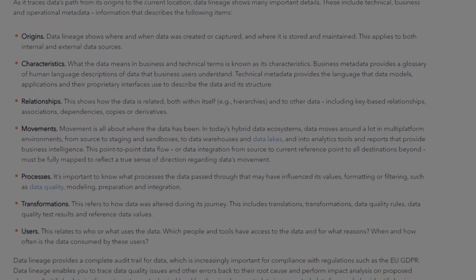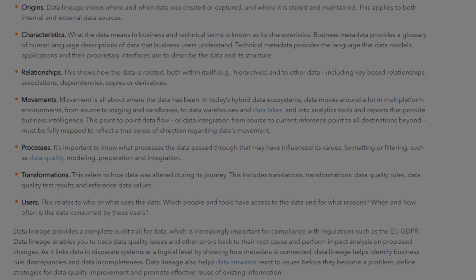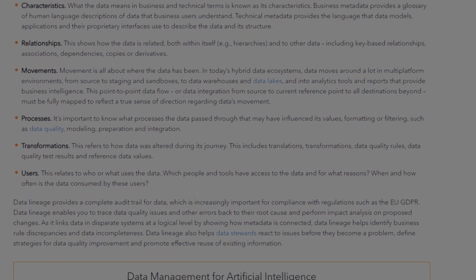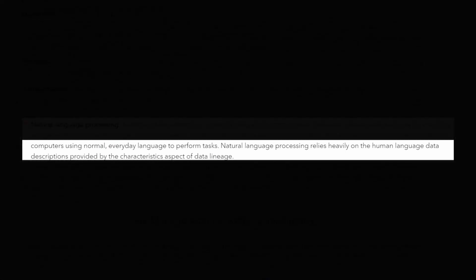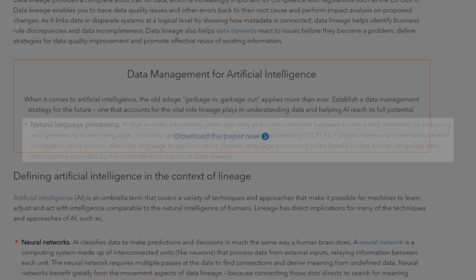For natural language processing, or NLP, pretty much exactly what ChatGPT is, we see natural language processing relies heavily on human language data descriptions provided by the characteristic aspects of data lineage.